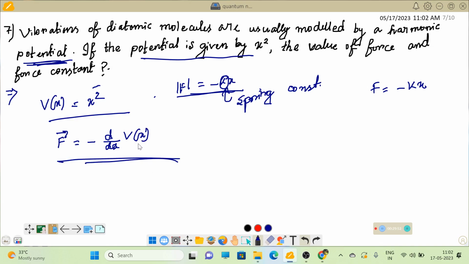The differentiation of the potential is the force. So as per the concept, V of x is x square as given in the question, so minus of 2x. If we compare, F equal to minus 2x, what will be the force constant here?